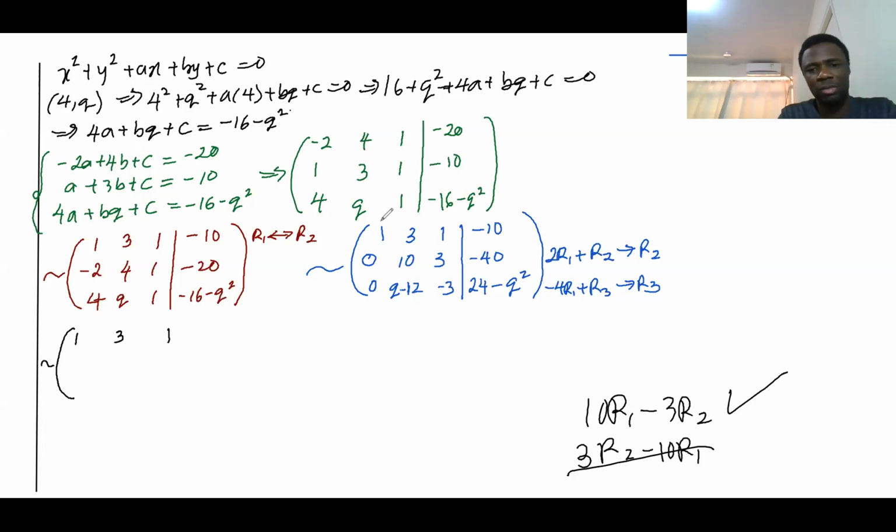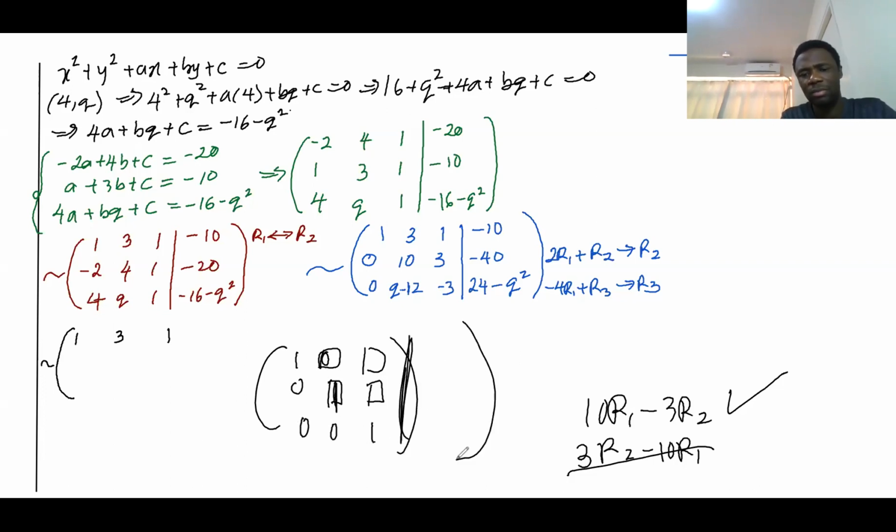Let's try it first. As long as one of them is 1, it doesn't matter which one. We don't need to make this, we just need to make this 1. Somebody should have said something. Our target is to have 1 something something, 0 something something, 0 0 1. These are targets, remember? So yes, we multiply by 1/10. That's what we need to do.